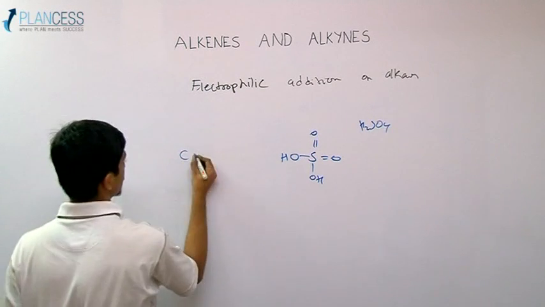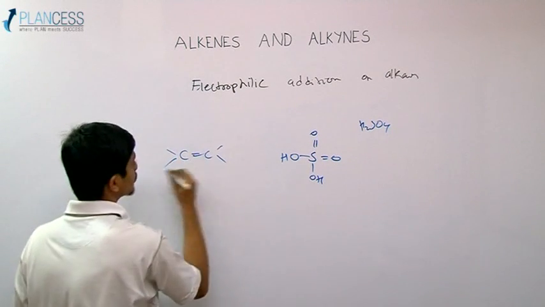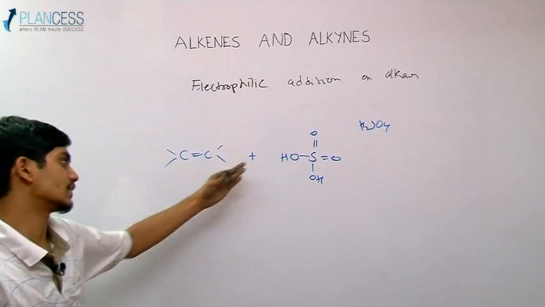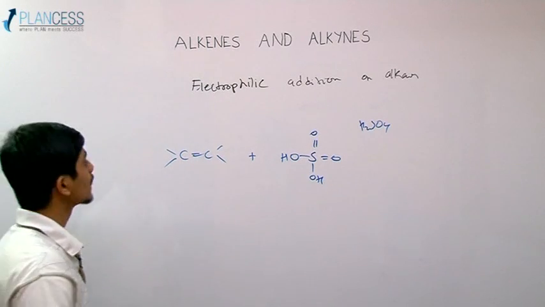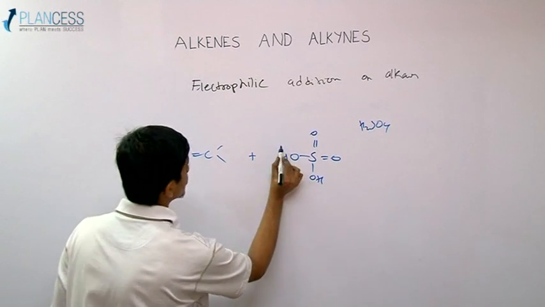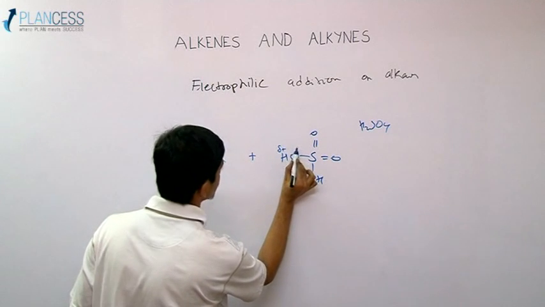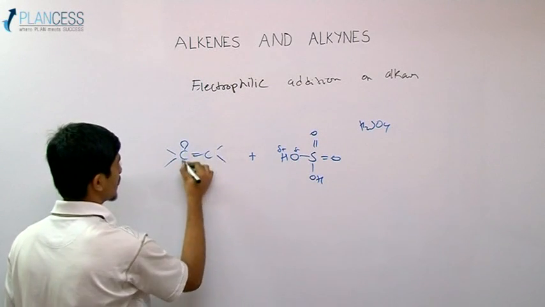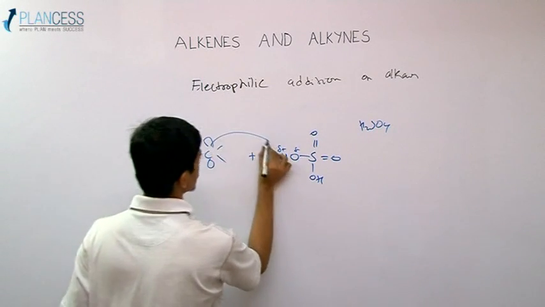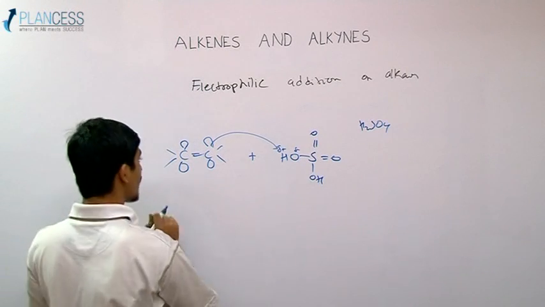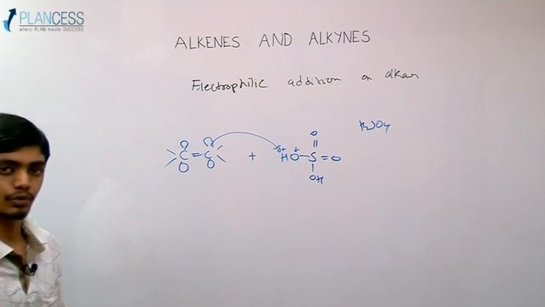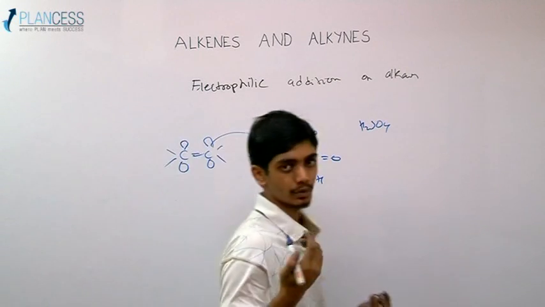We have a normal alkene over here. So how can you dissolve this alkene in H2SO4? We can dissolve that by this positive hydrogen. We know this is an acidic hydrogen, and hence the electron density can be donated to this, and obviously the most stable carbocation will again be forming over here.